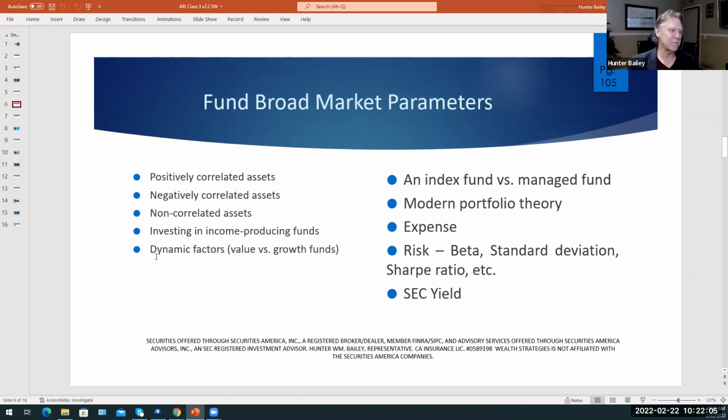and we'll look at the portfolios a little more specifically. Dynamic factors, value versus growth. If you haven't heard these terms before, I like to relate it to real estate. Value would be buying a small apartment complex that's paid for and filled up with people renting.